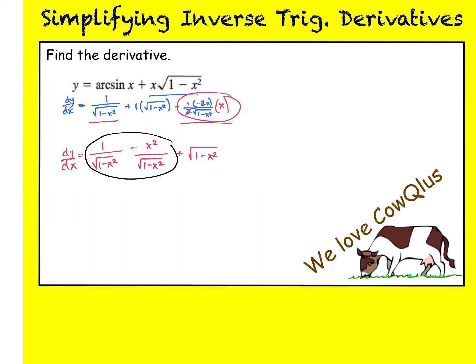So I just have square root of 1 minus x squared. And then I have plus square root of 1 minus x squared. So what do I get? I get 2 of them. So dy dx is equal to 2 square root of 1 minus x squared. All right. Pretty good?